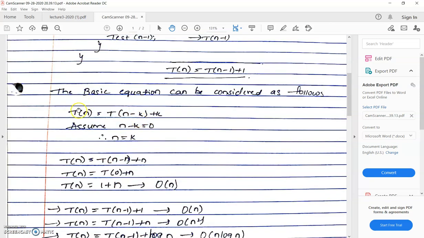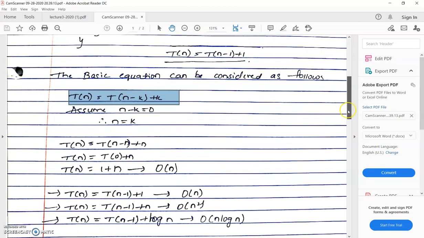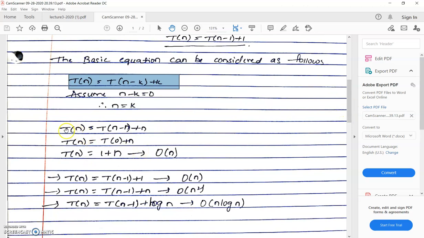In this equation, we are going to substitute n = k. Wherever there is k, we substitute n. So T(n) = T(n-n) + n, and n minus n is 0, so T(0) + n.